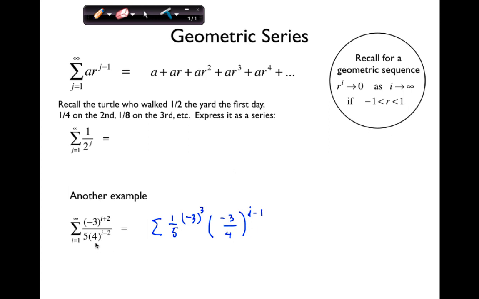Okay, here I have how many 4's in the denominator? i minus 2. And how does that compare to 4 to the i minus 1? I have one more now, so I've got to get rid of one of these. How can I do that?